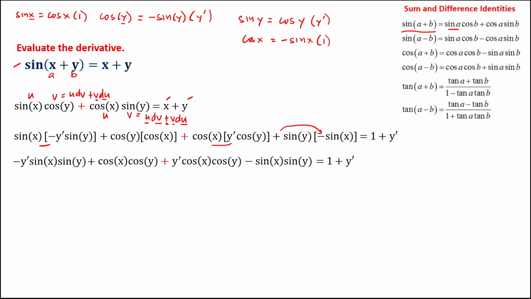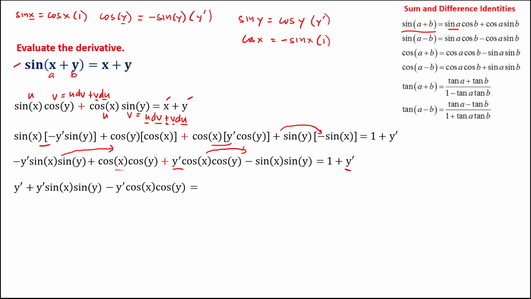Now this time we need to group all terms with Y prime. Put all terms with Y prime on the left side. So this negative Y prime becomes positive Y prime sine X sine Y. Then again with Y prime, transpose to the other side, so this becomes negative Y prime cosine X cosine Y, then equals.